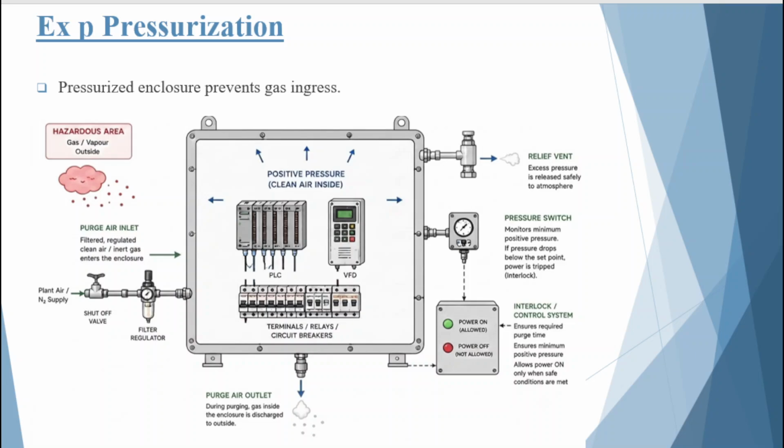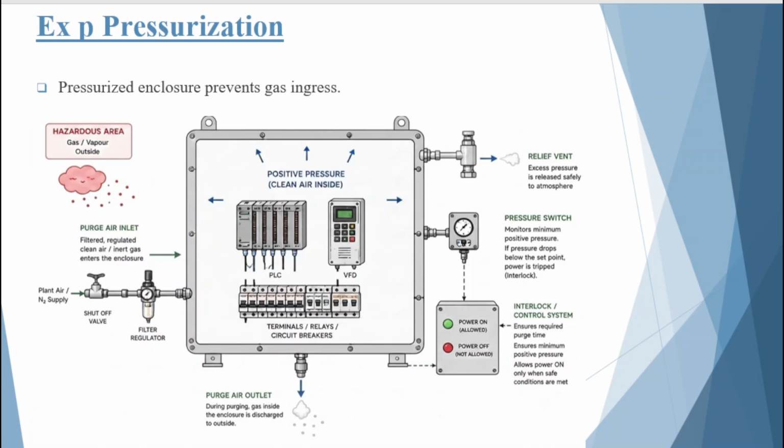To ensure continuous safety, the enclosure is equipped with pressure sensors and monitoring devices. If the internal pressure falls below the required level, the electrical supply is automatically disconnected to prevent unsafe operation.